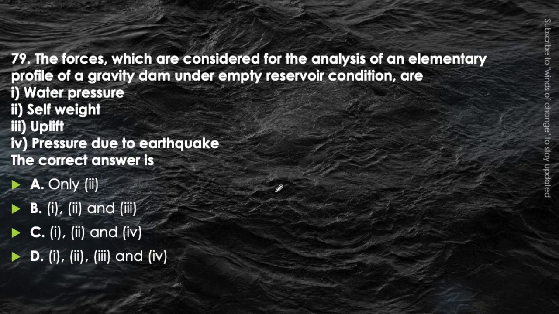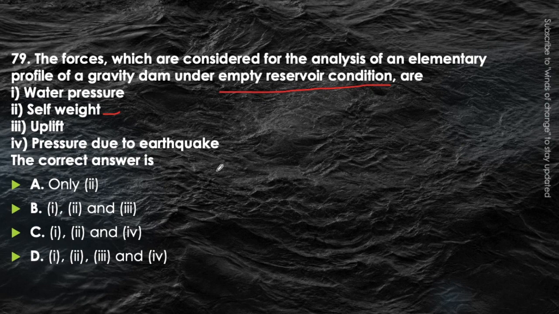Now, the condition given here is that the gravity dam has an empty reservoir condition. In the empty reservoir condition, all the forces related to water will be nil, will be zero. So water pressure will not be there, self-weight will be there. Uplift pressure will not be there as there is no water, and pressure due to the earthquake is also not considered.